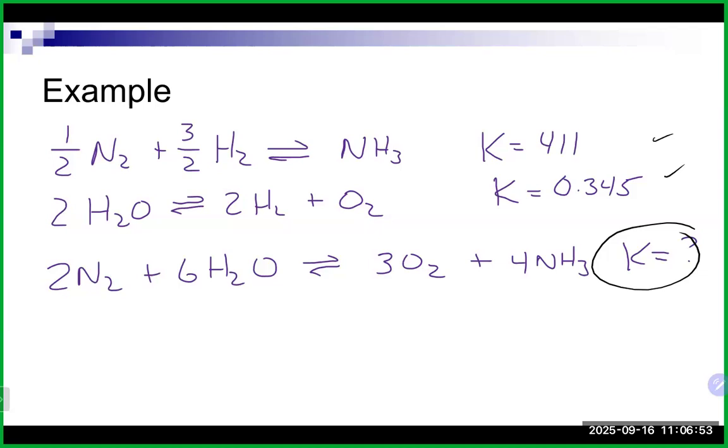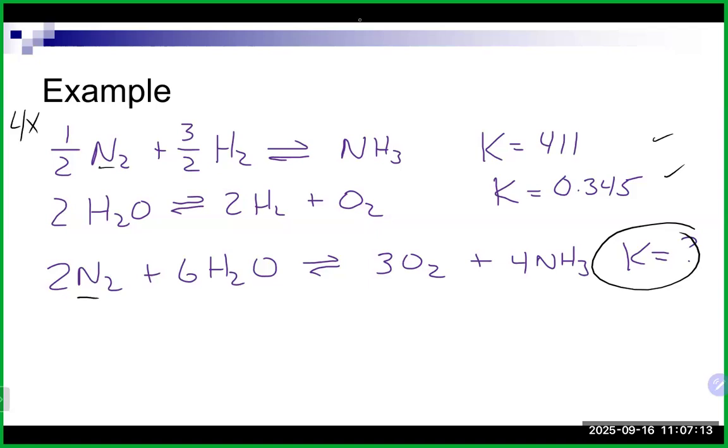Again, just going to get everybody on the correct side. I see in my desired reaction I got N2 on the left. I do have it on the left here, so I don't need to reverse this reaction, but I do need 2 of the N2. And in order to get 2 of the N2 with that coefficient, I actually need to multiply by 4 in this case.